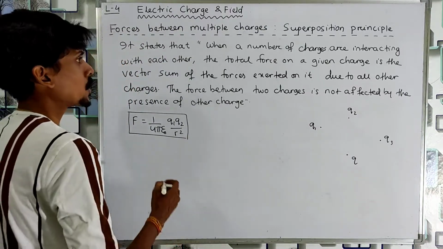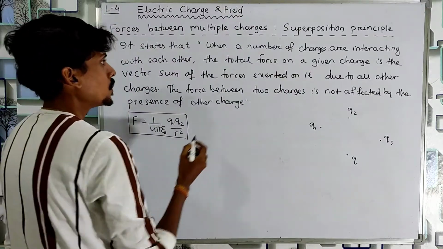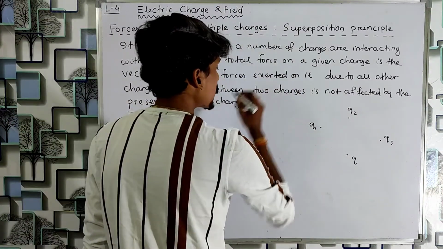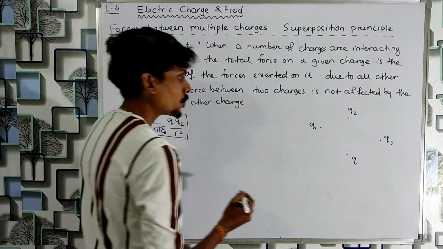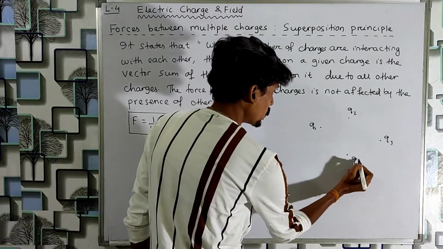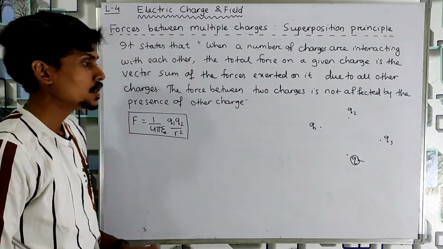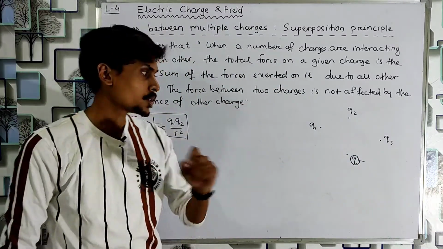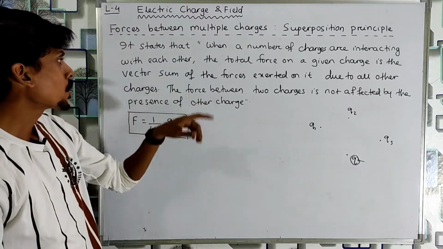The principle states that when a number of charges are interacting with each other, then the total force on a given charge is the vector sum of the forces. Suppose I want to calculate the total electrostatic force on this charge small q. I have to calculate the total or the net force on the charge small q. And how to get it?